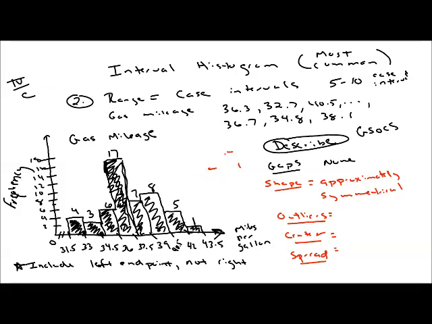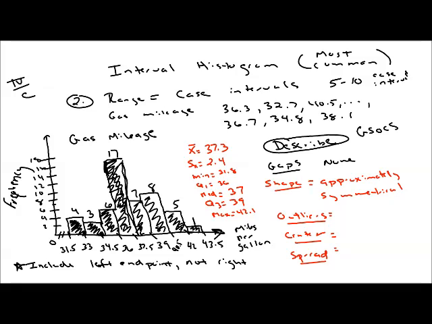Okay, and when you do that, I get mean is 37.3, standard deviation 2.4, your 5-number summary, your min 31.8, Q1 36, median or Q2 37, Q3 39, and max 42.1.